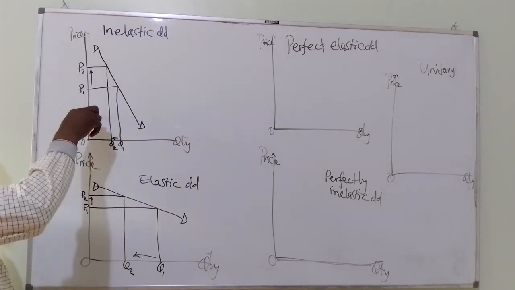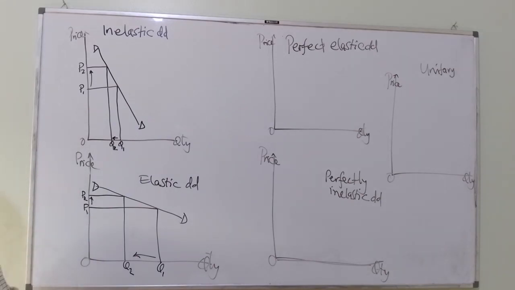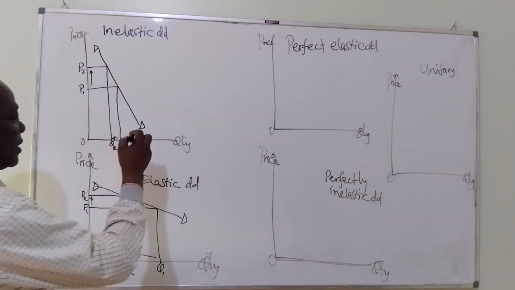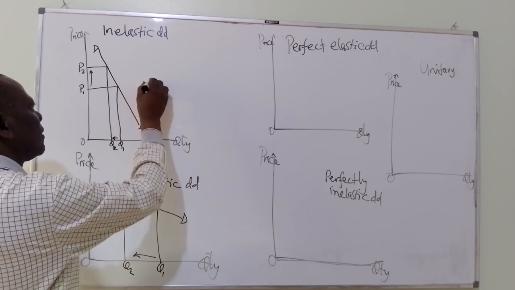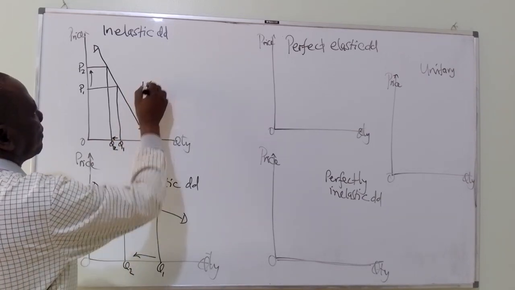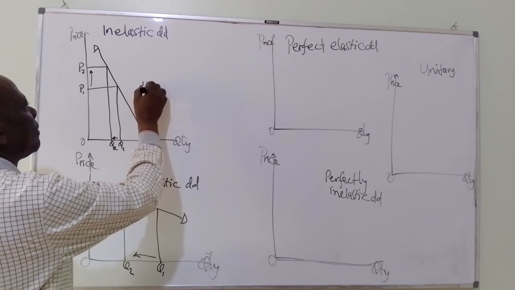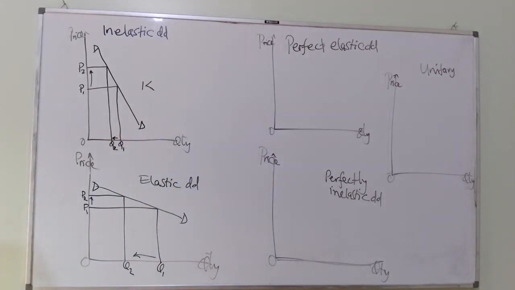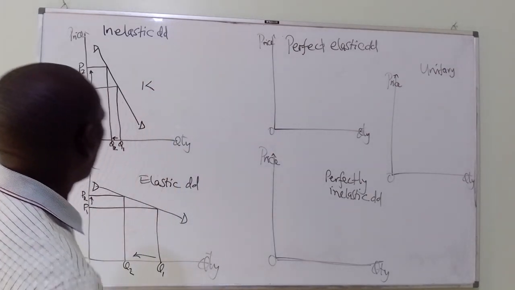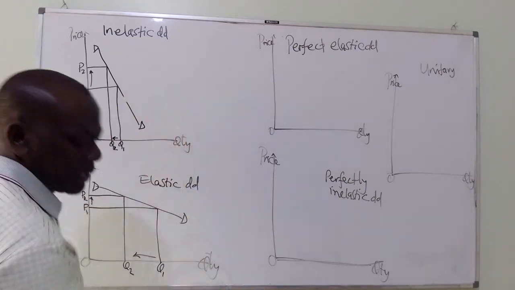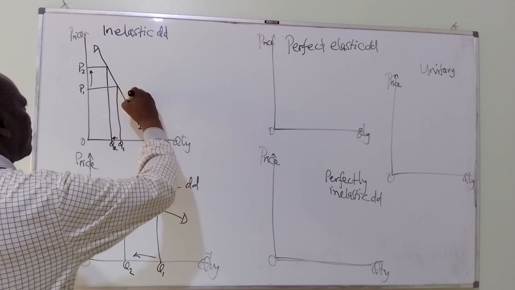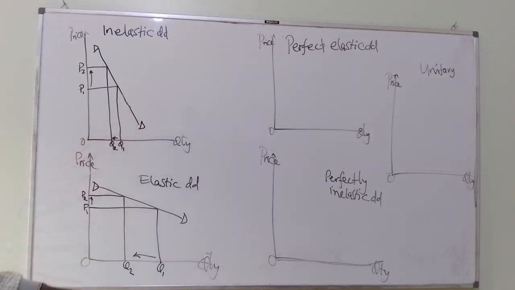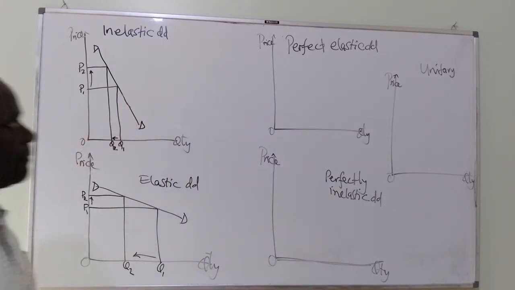This one is less than 1. If we put the mathematical representation, this one is less than 1, possibly it may confuse the student who thinks that is a K. So it is less than 1. This one is greater than 1.